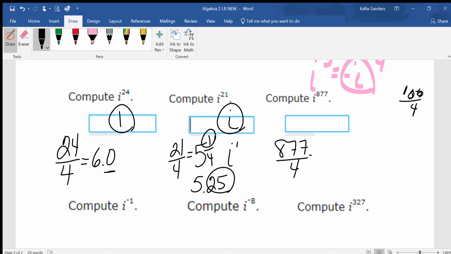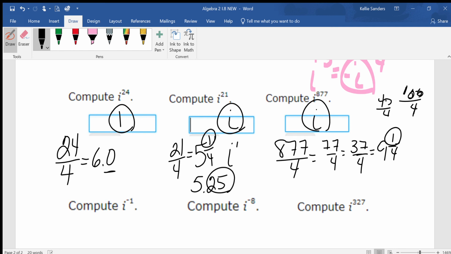So pretty much 877 over 4 is the same thing as 77 over 4. Now what about 40? 40 is a group of 4, so if I take out 40, I'd be left with 37 over 4, which would be 9 1/4. And that 1 is an i.